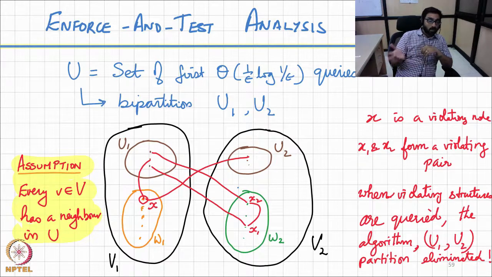Another way to find a violation would be a pair of vertices x1 and x2 such that both of them are neighbors of U1, so they have to be in set W2, but they end up having an edge between them. That's again a violation.